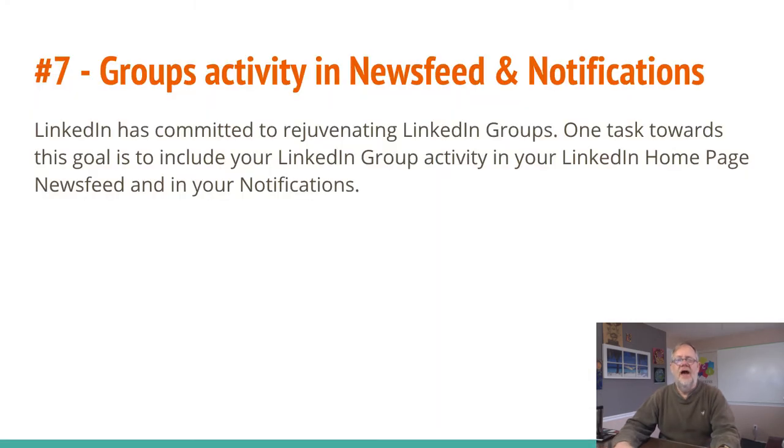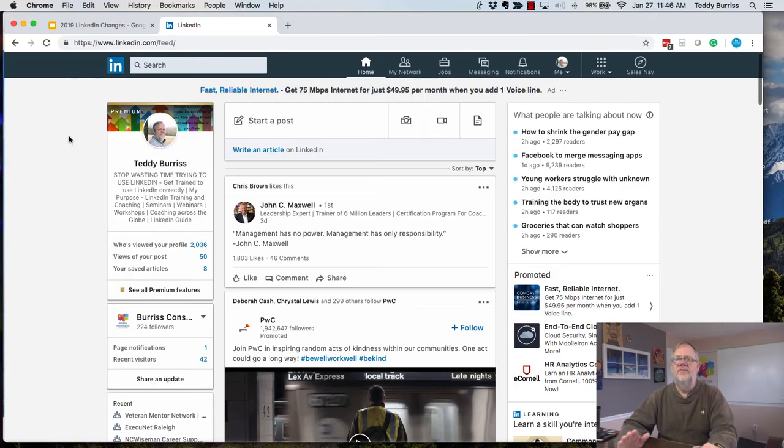Number 7 is now you can see group activity not only in your notifications, but also within your news feed. Again, LinkedIn trying to get us to get back into groups, so it's giving us the notifications of activity in our news feed and notifications.